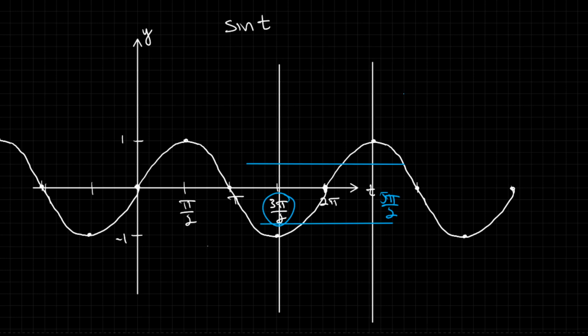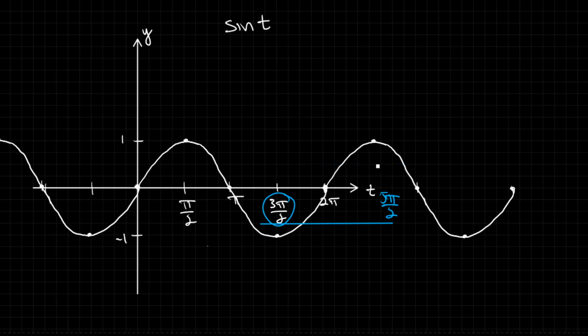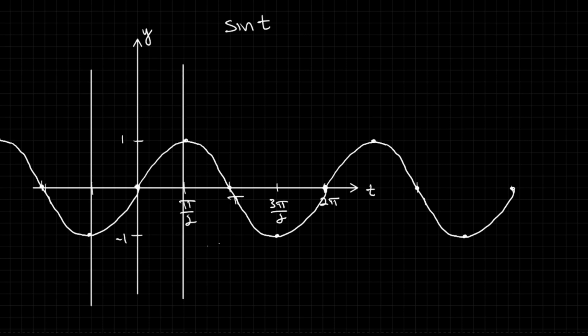And there are many other choices that can be made in order to create a one-to-one function, but the mathematics community has decided on a standard choice, a standard restricted domain, in order to define the inverse sine function. And it's not this one that I've drawn. The standard restricted domain, so let's go ahead and erase this, is between minus pi over 2 and pi over 2. So minus pi over 2 is here, and pi over 2 is here.